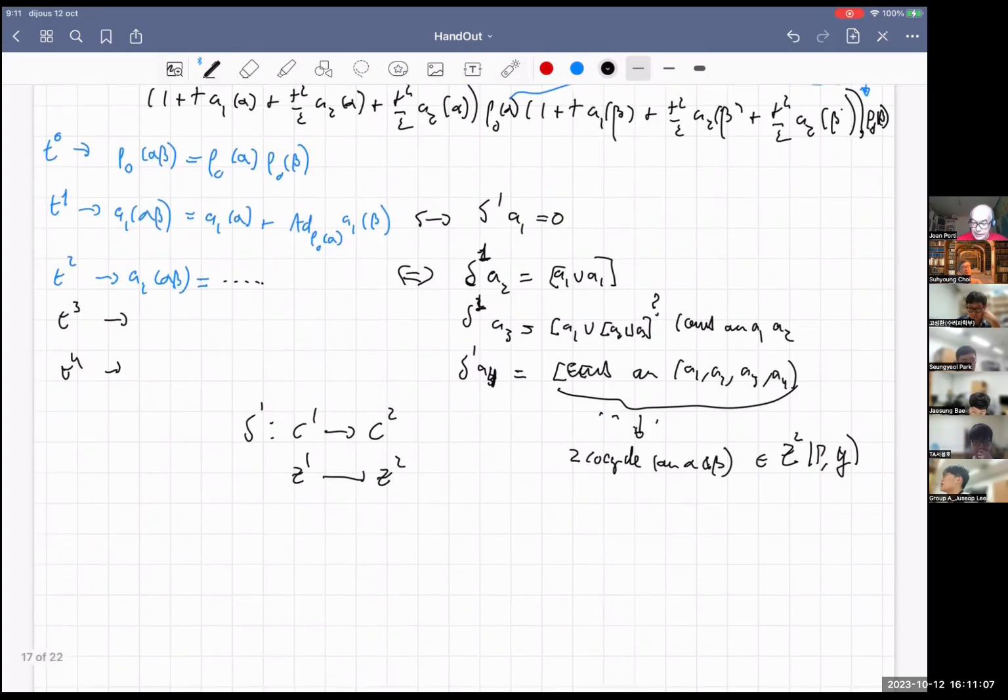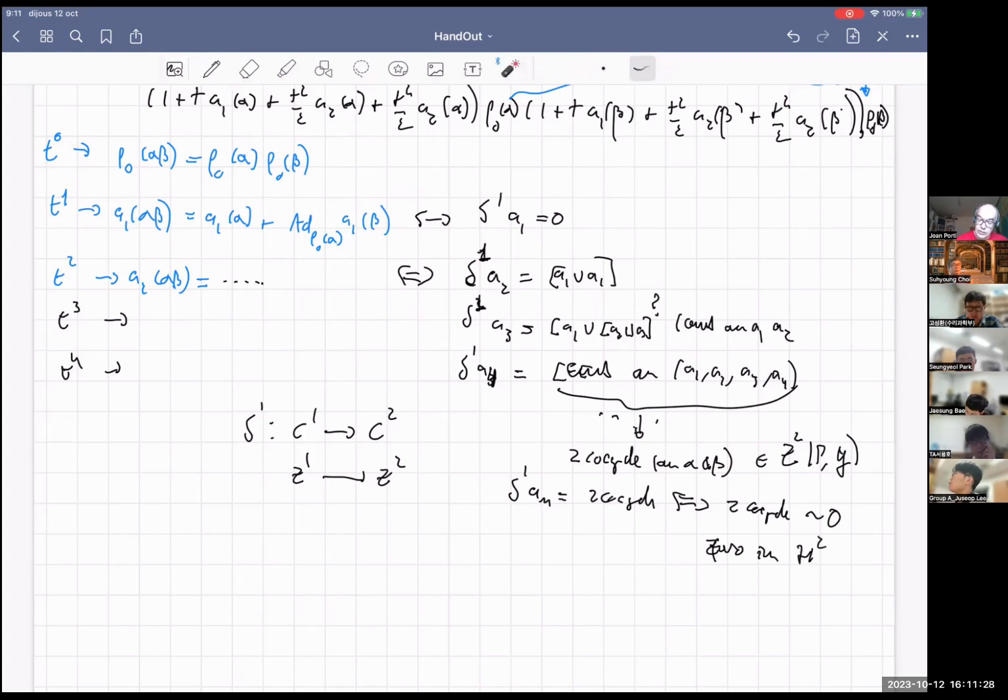And delta one of AN is a two-cocycle. This is the same thing as saying that the two-cocycle is homologous to 0. It goes to 0 in H2, but it's always in Z2. So you go to higher order terms, whatever, this is always a condition on two elements, alpha and beta. So these are just two-cocycles, okay?